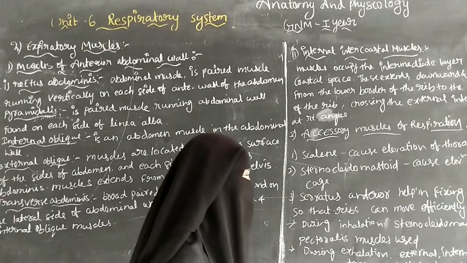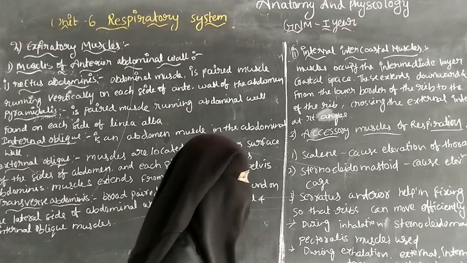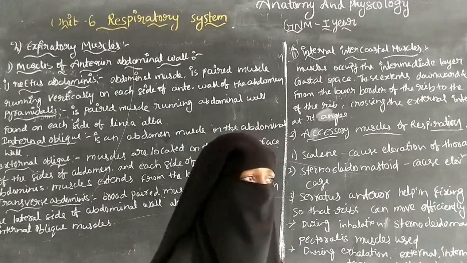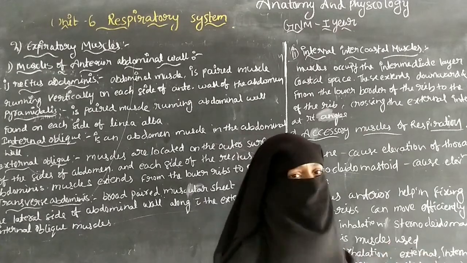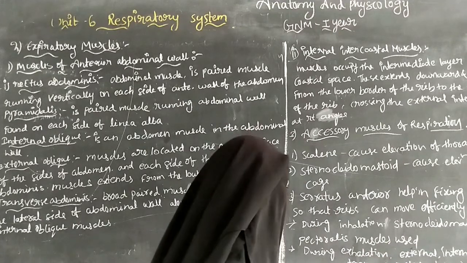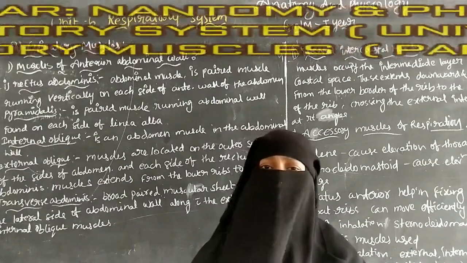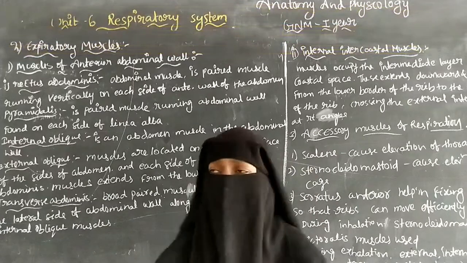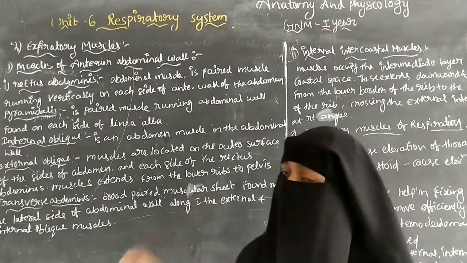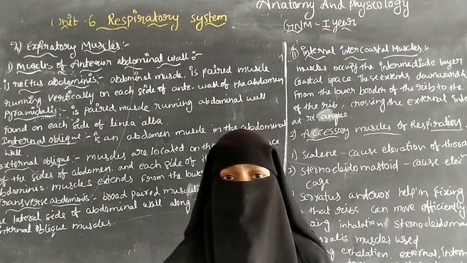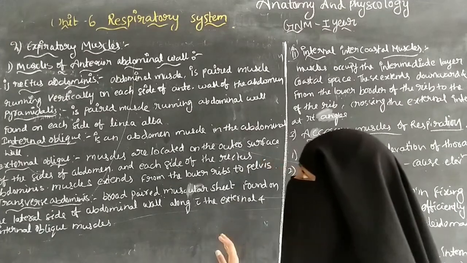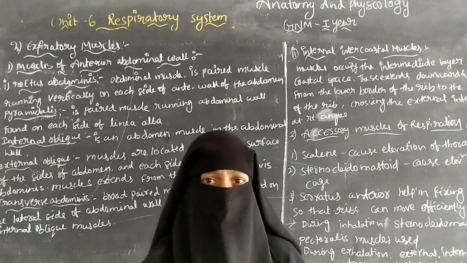During inhalation, the sternocleidomastoid, scalene and pectoralis muscles are used. During exhalation, the external and internal oblique, the transverse and the internal intercostal muscles are used. So that completes the muscles involved in the respiratory system.